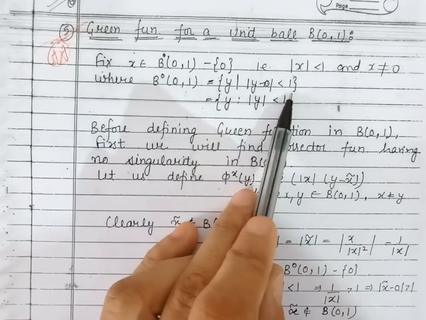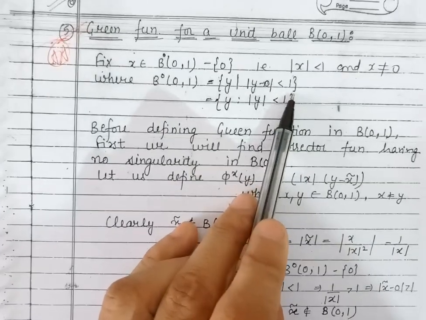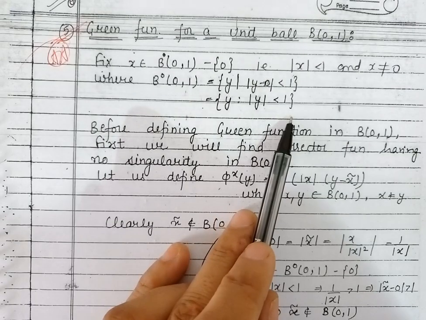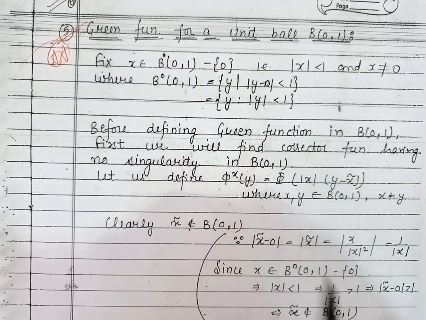Radius of the unit ball is 1. So we can say that the unit ball is the set of all those points y such that |y| is less than 1.